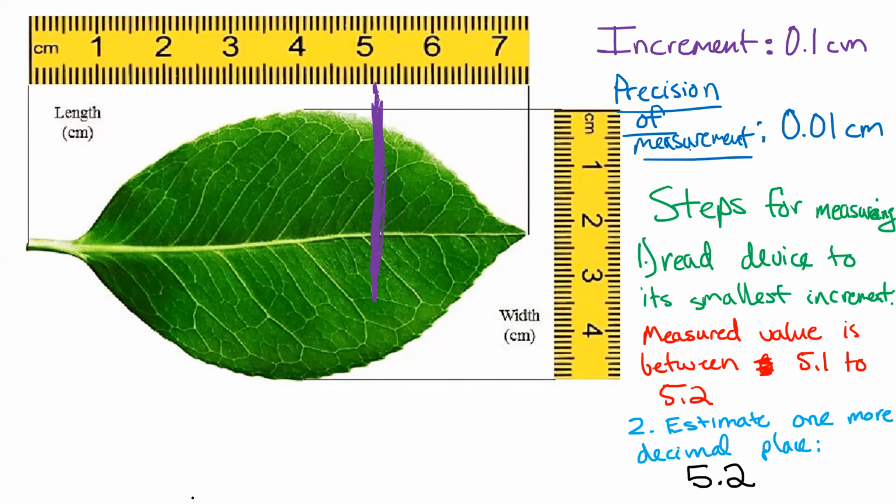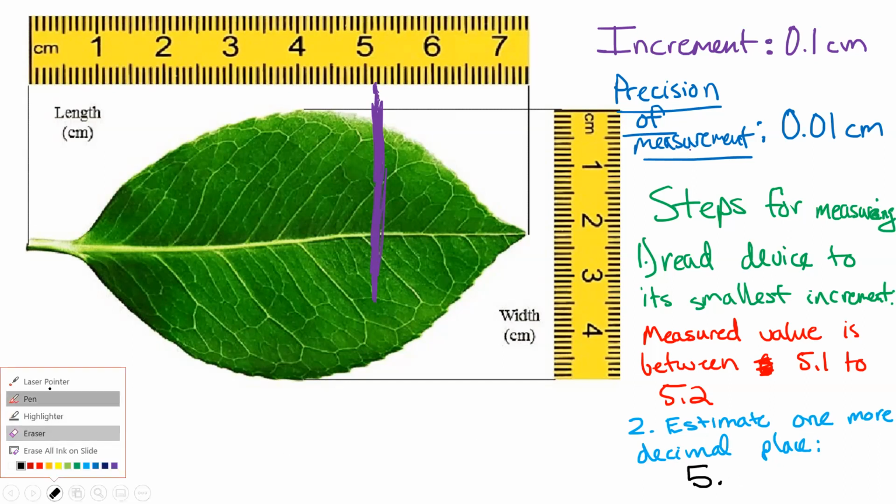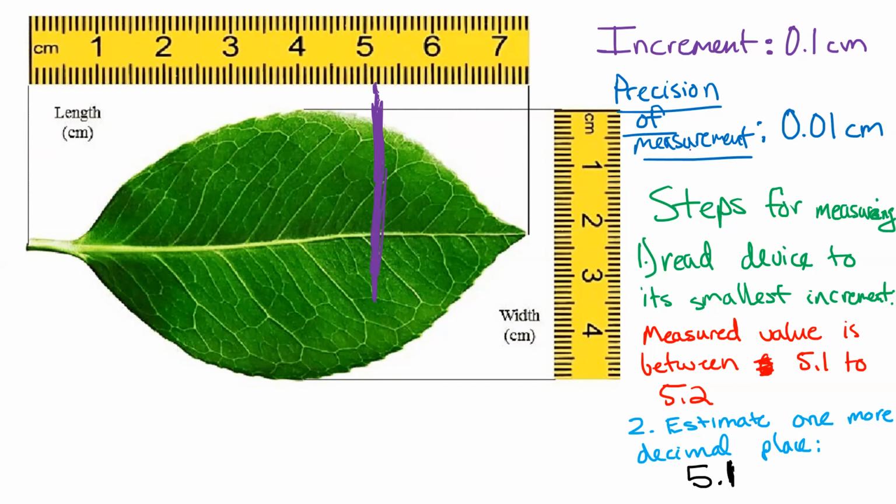Since it's between 5.1 and 5.2, the first 2 significant figures are 5 and then the 1. Our last significant figure is going to be the value according to our estimate. And here I would typically estimate this at 5.15 centimeters.